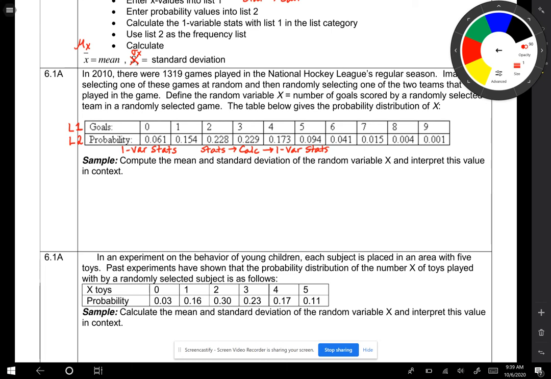Compute the mean and standard deviation of the random variable X and interpret this value in context.